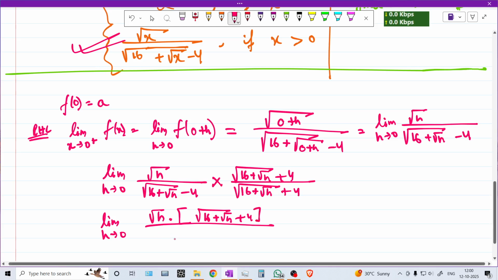this is a minus b, a plus b, so it will be 16 plus root h minus 16. 4 square is 16, that will be written here minus 16.